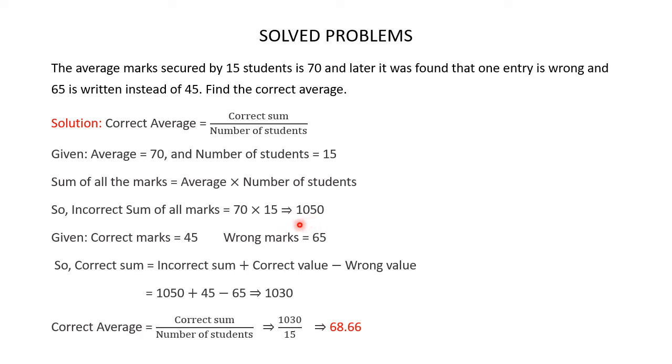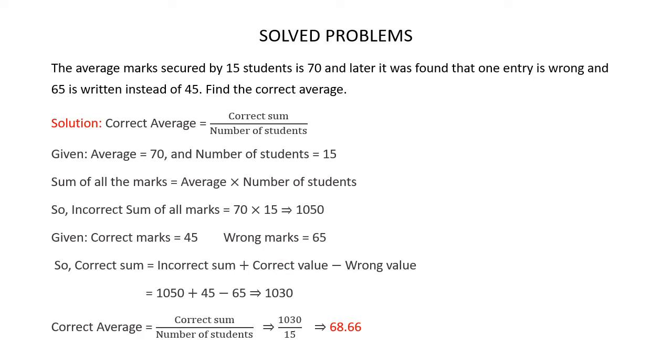It is the incorrect sum of all the marks because while calculating the average marks, one entry was wrong. So the incorrect sum of all the marks is 1050. Now it's given that the correct marks is 45, but it was wrongly written as 65. So the wrong marks is 65.